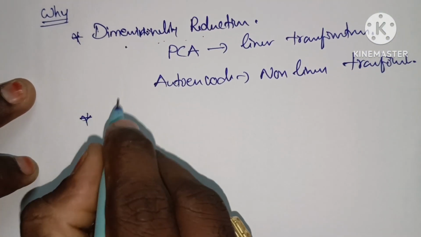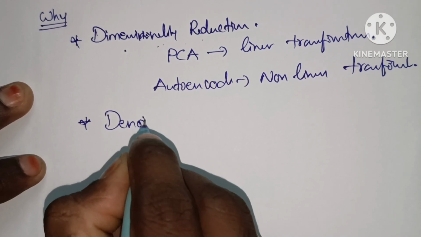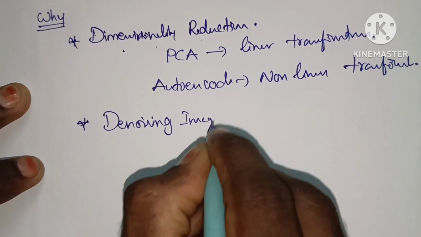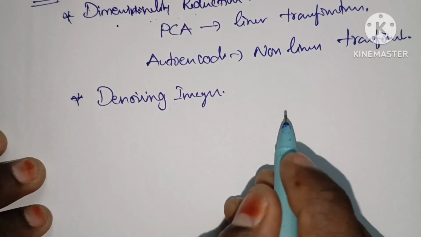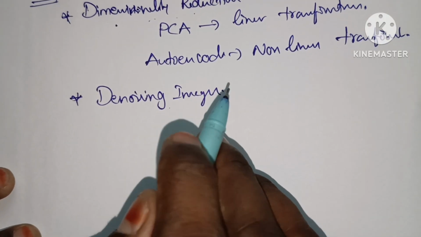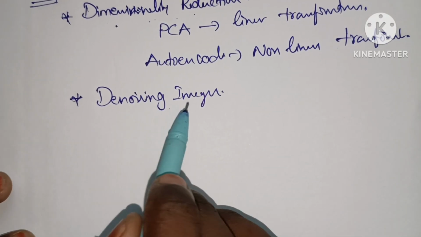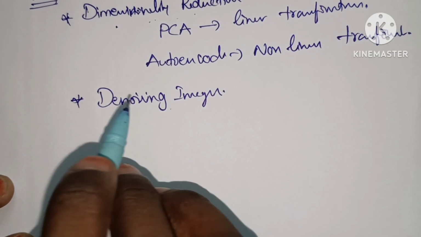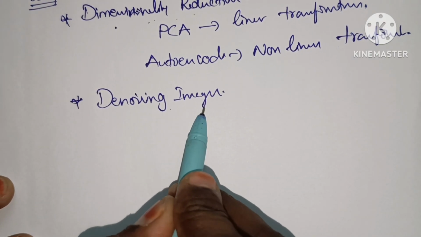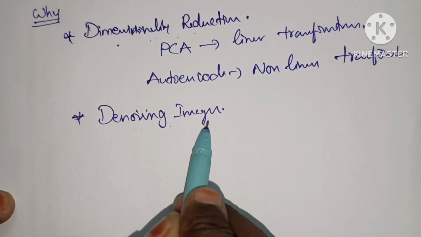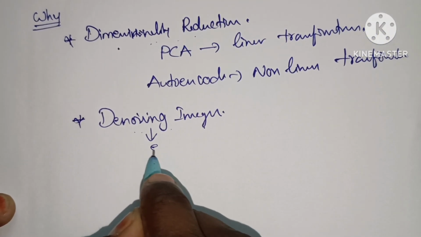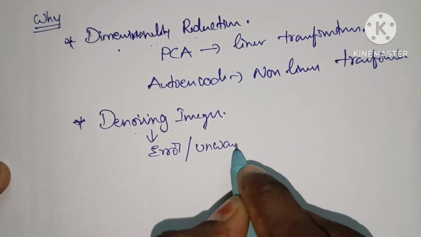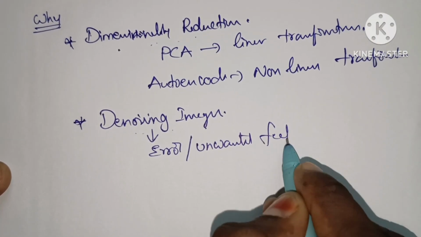The second one is denoising images. What do we mean by denoise? If any image has some disturbance, that means some unrelated data, at that time we can easily remove the noise. Noise is nothing but error or unwanted features.